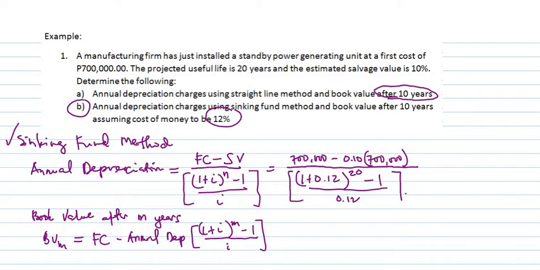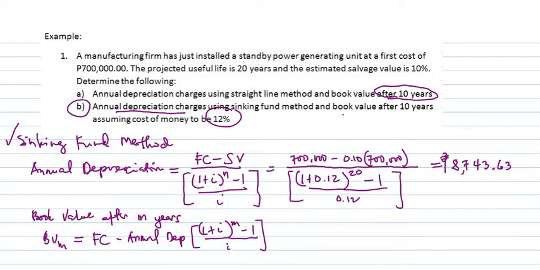So when we compute this one, this is the annual depreciation, and the equivalent is 8,743.63. Okay, so that is the annual depreciation. So we are done with the annual depreciation, this time using the sinking fund method.